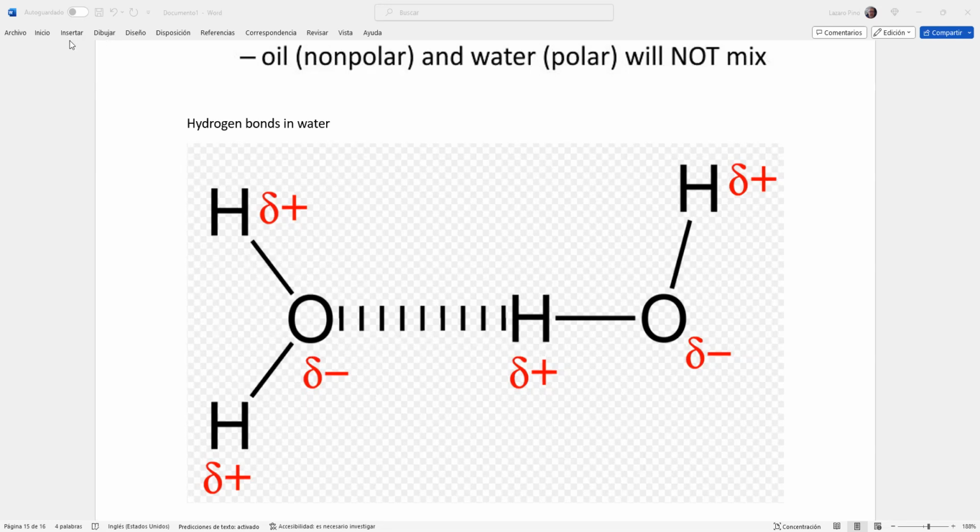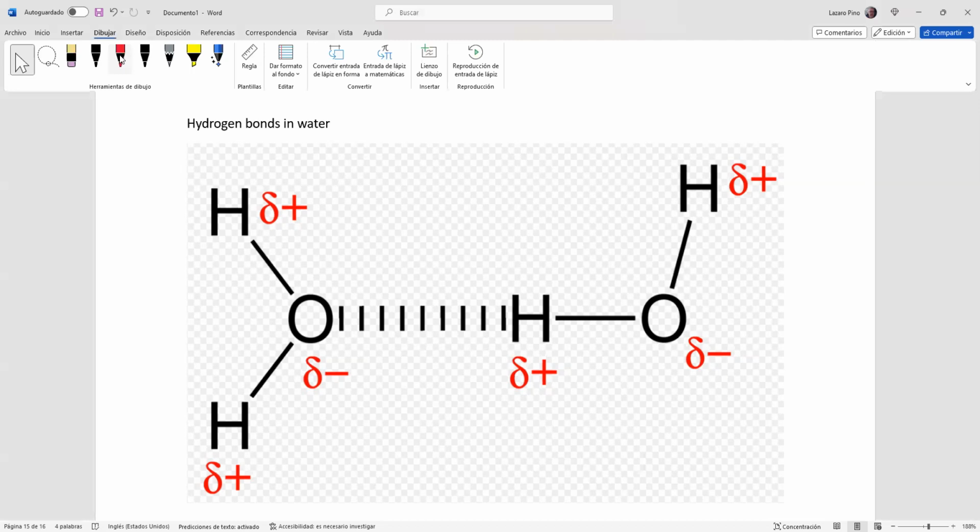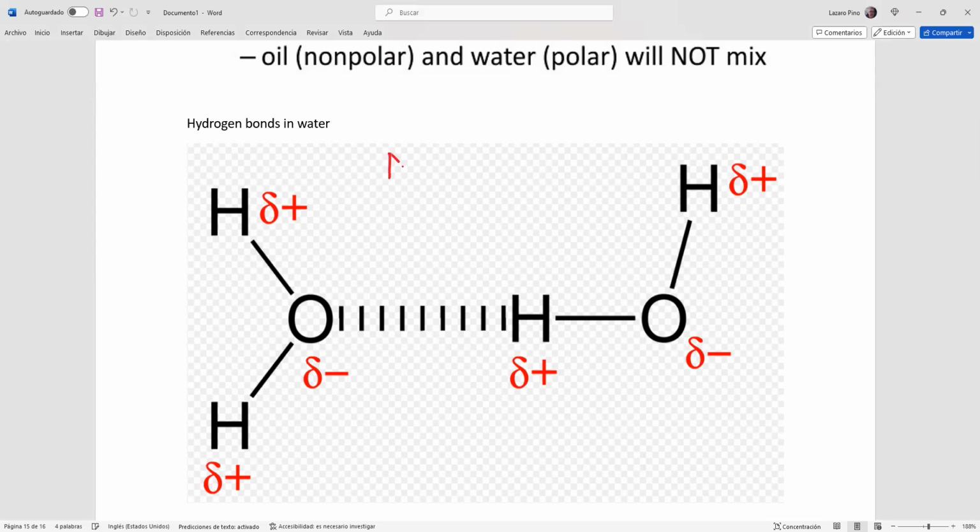Hydrogen bonds are only possible, and let me show you here, when you have nitrogen with hydrogen, molecules that contain this bond can get hydrogen bonds.